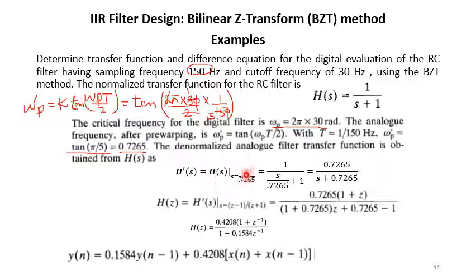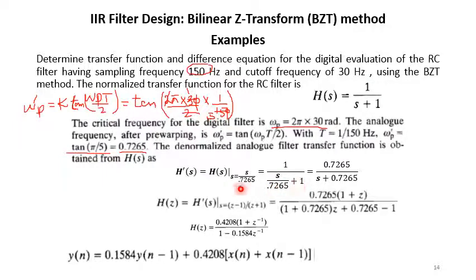Which is 0.7265. If we replace S by this, looking at this equation, we can see that we have only one variable S here, right? I mean, we don't have squares or any other terms, only one term that contains S. So I'll replace S by S over 0.7265, so S over 0.7265 plus 1, and the remaining things remain as they are.